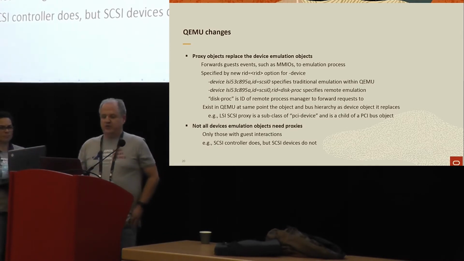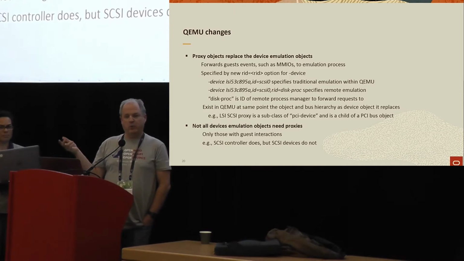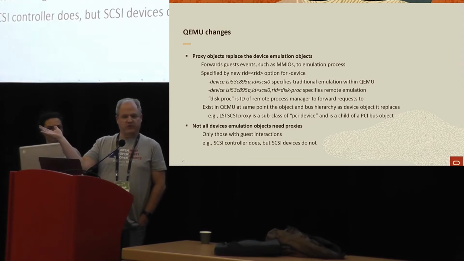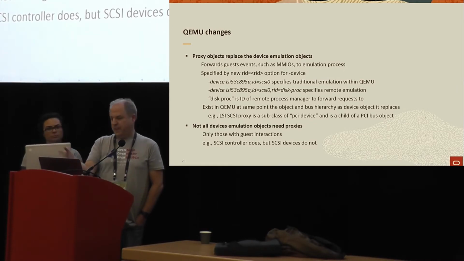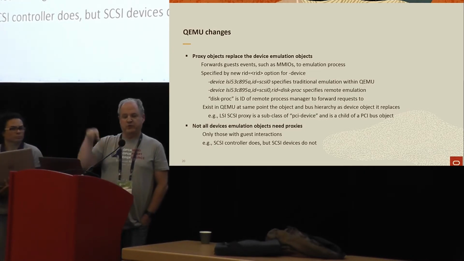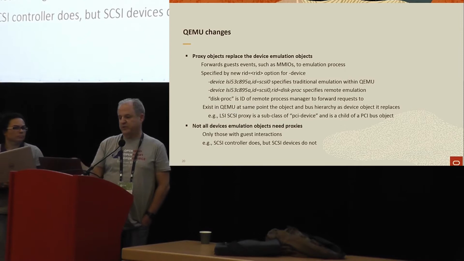The other big change is what we call proxy objects that replace the device emulation objects. These are the things that actually forward the guest events such as MMIOs to the emulation process. The way you specify those is just add a new rid option to the -device. Everything else looks exactly the same. The rid basically specifies which of the remote process managers it's going to forward its requests via.